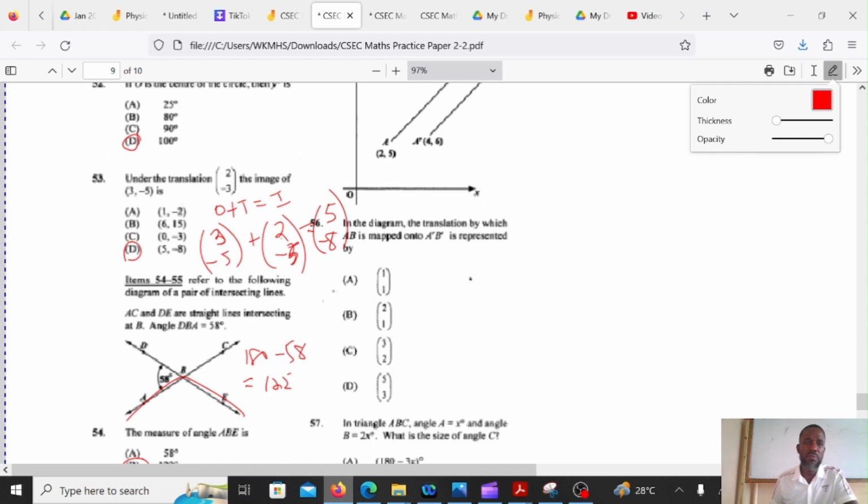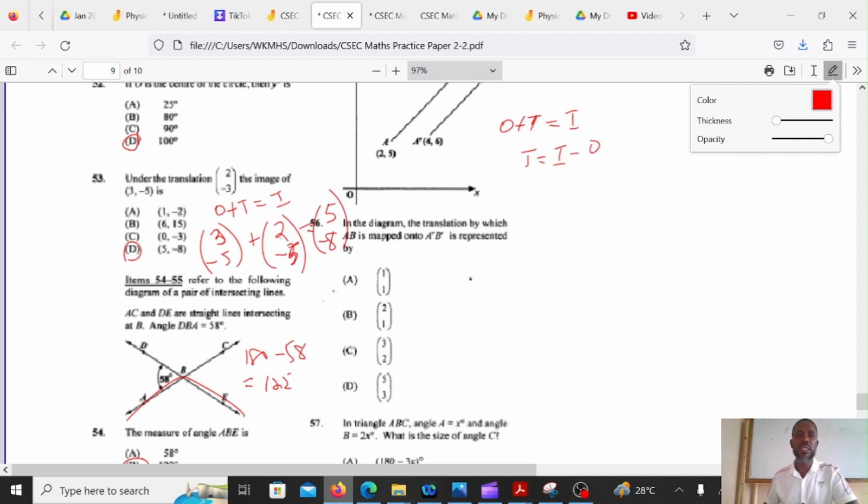So in the diagram, the translation by which AB is mapped onto AE is represented by. So if we talk about translation, remember, the object plus the translation is equal to the image. So if we have the image and we want to find the translation, it is equal to the image minus the object.